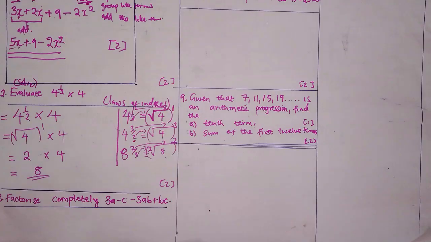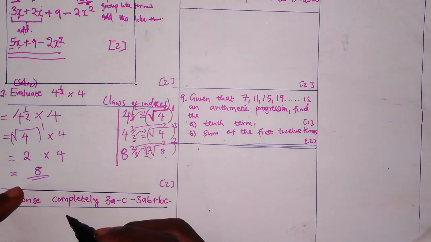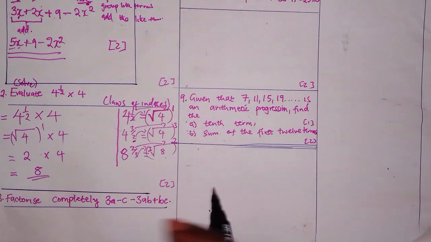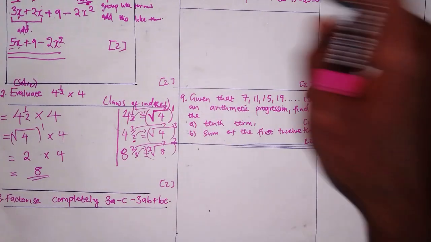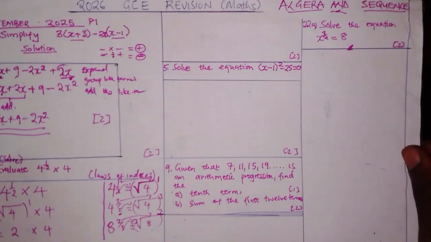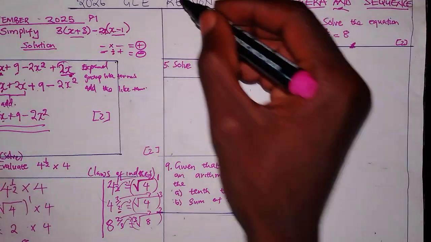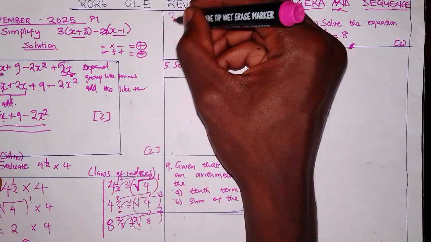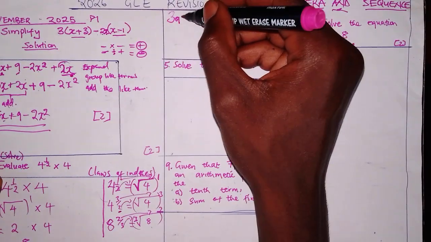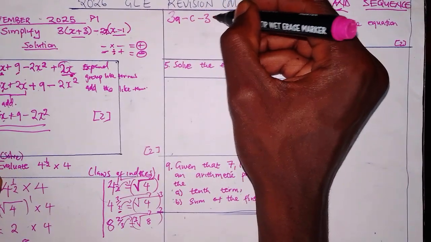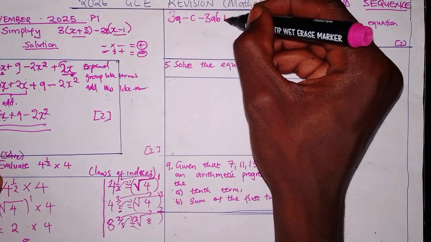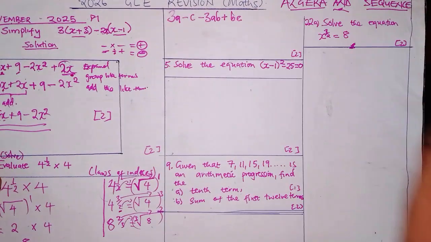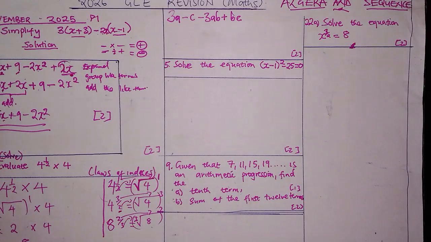So step 1, you write the equation. I'll solve this here. We have 3a minus c minus 3ab plus bc. They are telling us to factorize this completely.